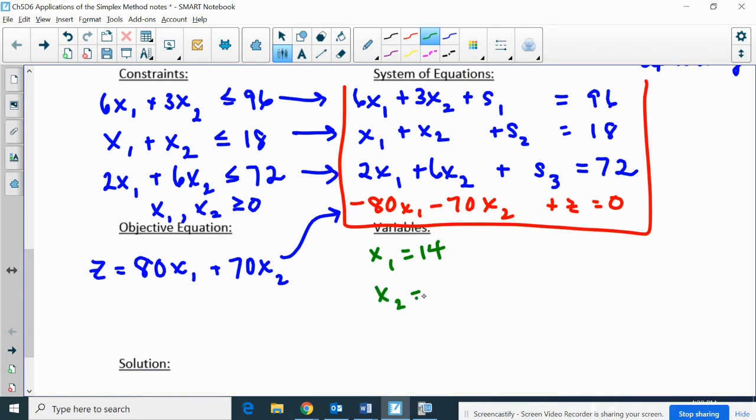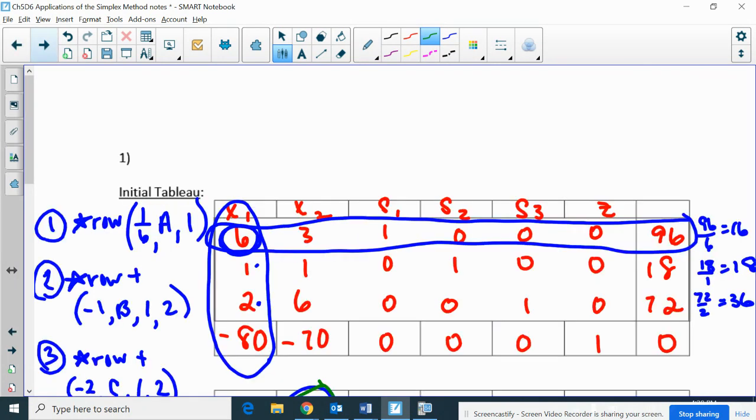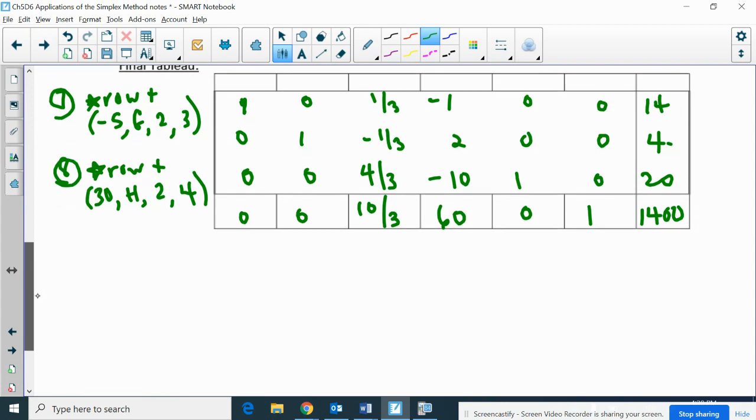Okay, if I look at my slack variable columns, S sub 1 is junk, S sub 2 is junk, S sub 3 has an answer and it is 20, and Z is 1400.